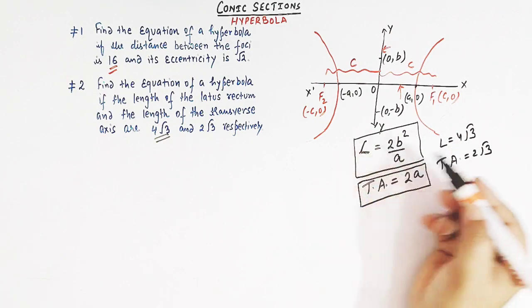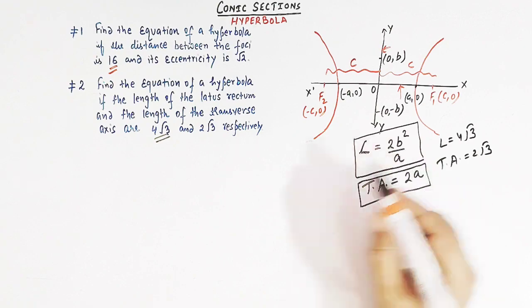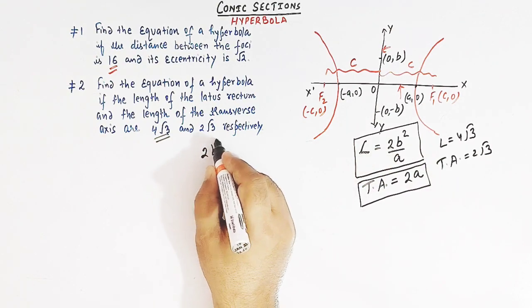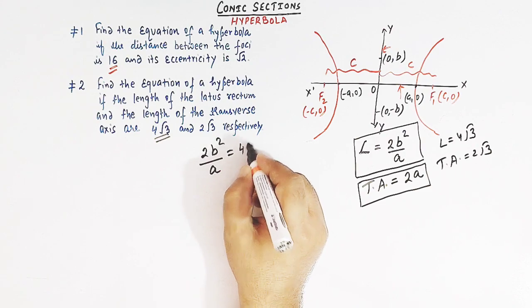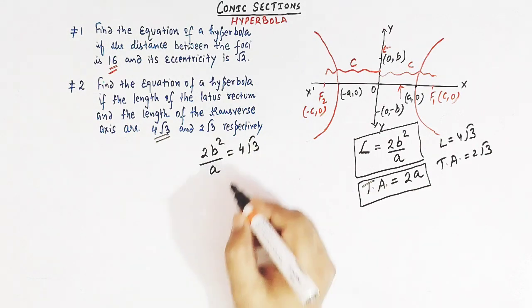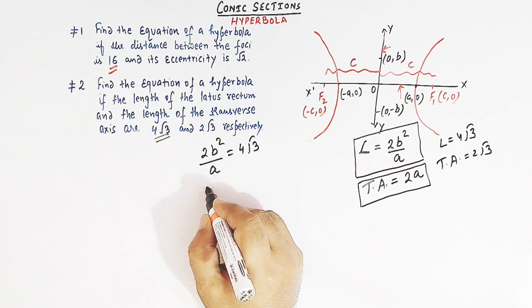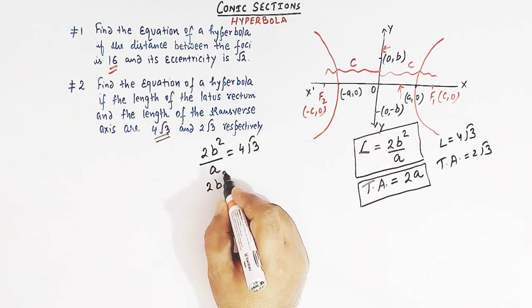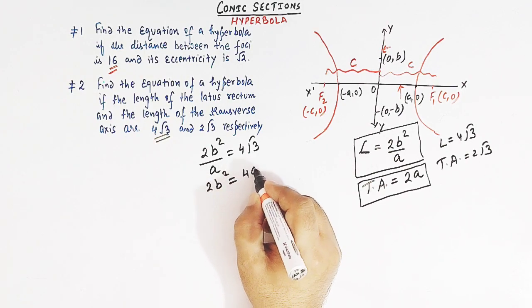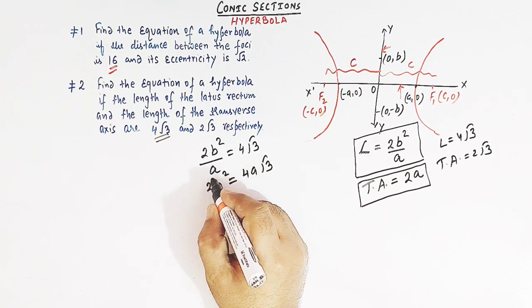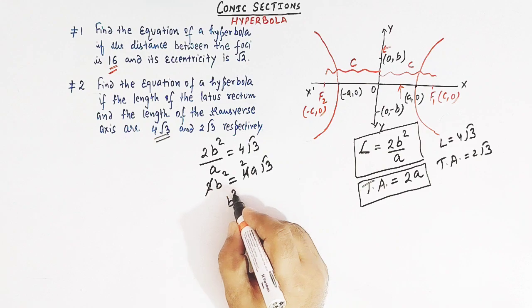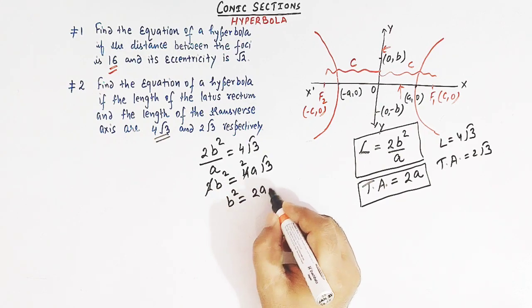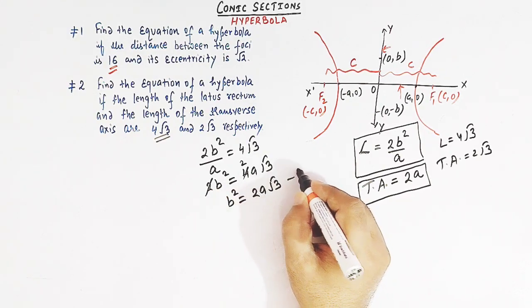So now here we take 4 root 3. So we have 2b square over a is equal to 4 root 3, right? And from here we can write 2b square is equal to 4a root 3. So this 2 and this 4 get cancelled. So we are left with b square is equal to 2a root 3, right?